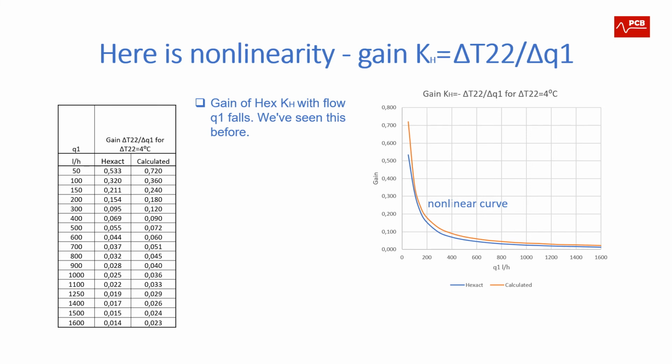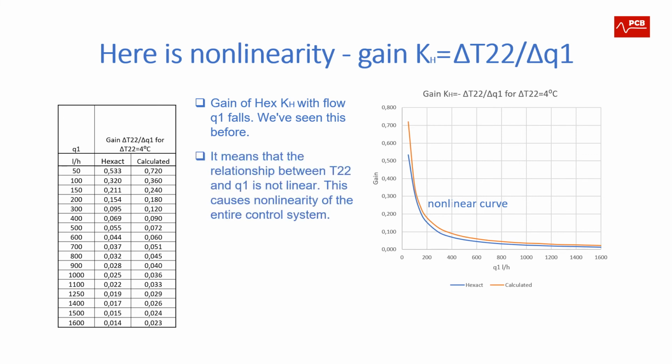However, we see that the gain is falling very much with the increasing primary flow, which means that the relation between temperature on the secondary side and flow on the primary side is nonlinear, and this is not acceptable from the point of view of control. So the heat exchanger is as it is, and we cannot change anything regarding its characteristic.